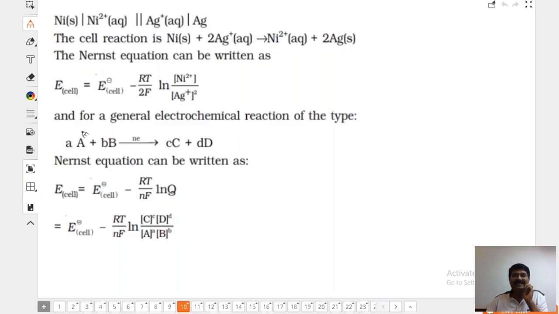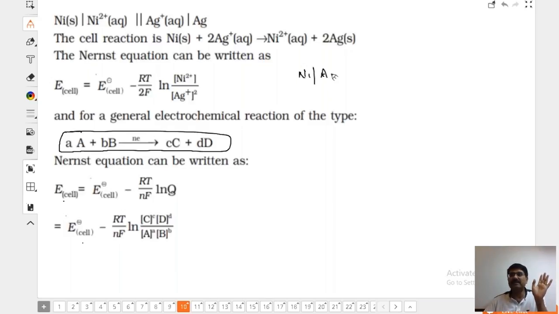So in general, Siddharth, he is saying with this A of A, B of B. So you remember, E cell is equal to E naught cell minus RT by nF log of C moles C, D moles D, A moles of A, B moles B. Please do not memorize. So I hope you can easily imagine if this is a nickel silver cell.